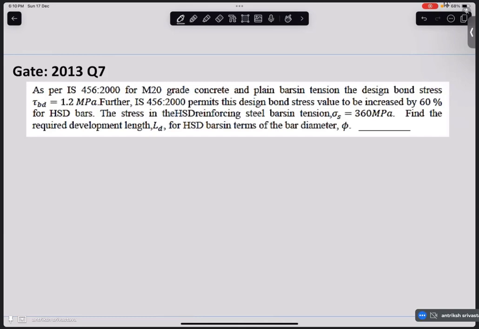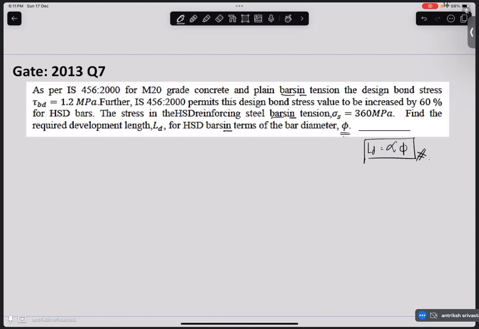The stress in the HSD reinforcing steel bars in tension, sigma, is equal to 360 MPa. Find the required development length LD for the HSD bars in terms of the bar diameter phi. So basically, LD will come out to be some alpha into phi, and they are asking us what this alpha is.